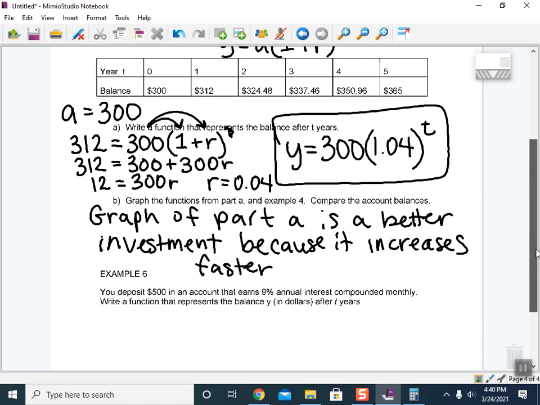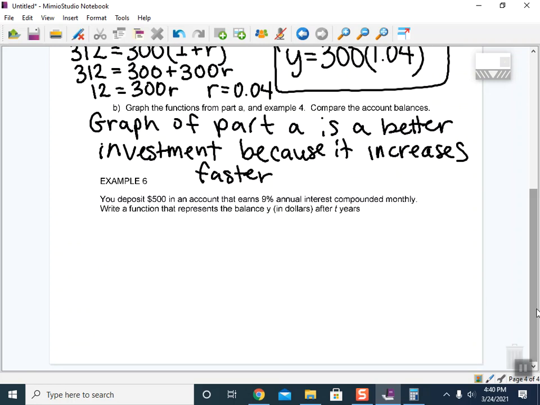Good. Last example, I'm going to have you do this one on your own. So, you deposit $500 into an account that earns 9% annual interest, compounded monthly. Write a function that represents the balance y in dollars after 3 years. So here, there's two things that I want you to do here. Step number one is write the function.